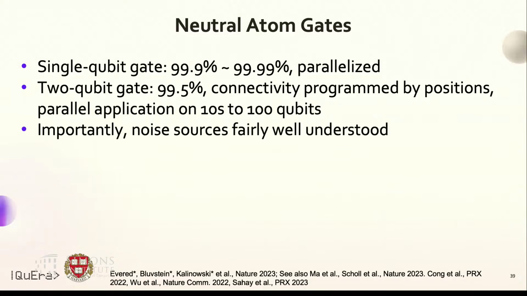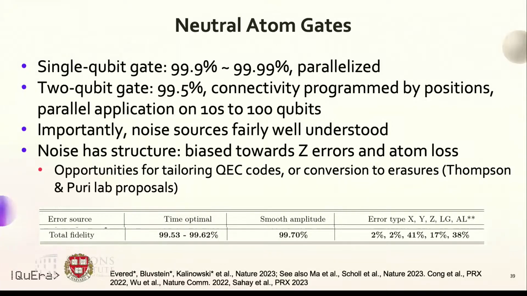And I think one nice feature about this platform is that the noise sources are relatively well understood. Also, because it's a relatively clean system, you can really look at it and then design and adapt. There's very nice work from Shruti and Jeff Thompson on tailoring QEC codes towards the noise characteristics that you have, either erasure or biased erasures.